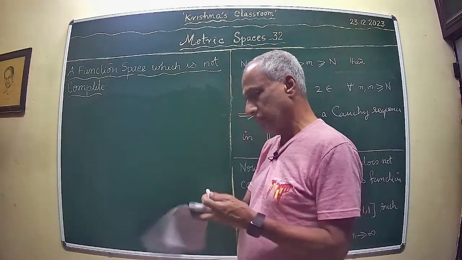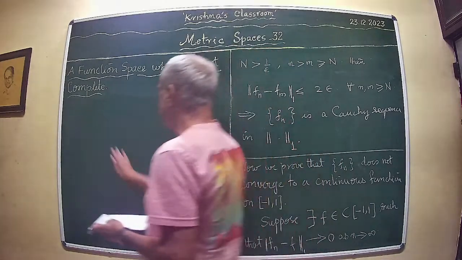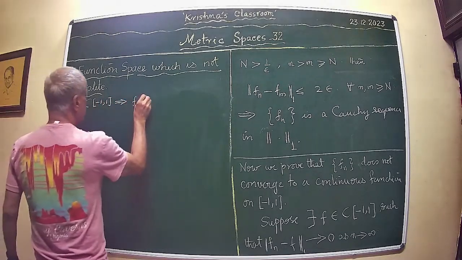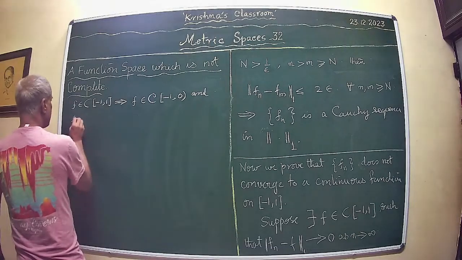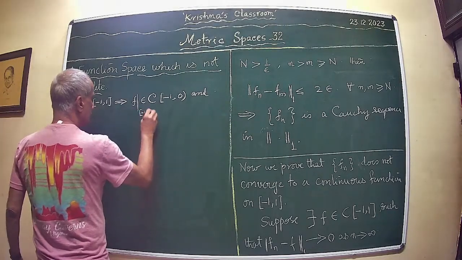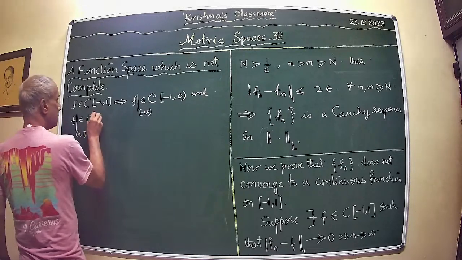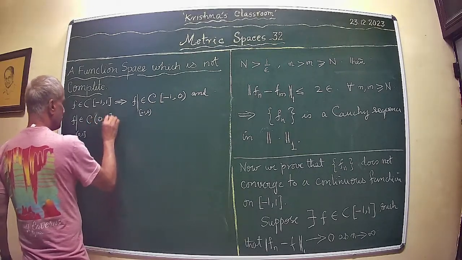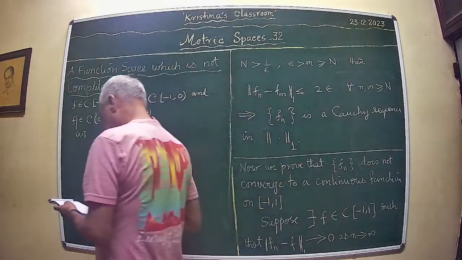Now you see, if f is continuous on -1 to +1, then f is continuous on each of the parts, and their restrictions to these two parts are continuous functions. So we shall use that. Okay.